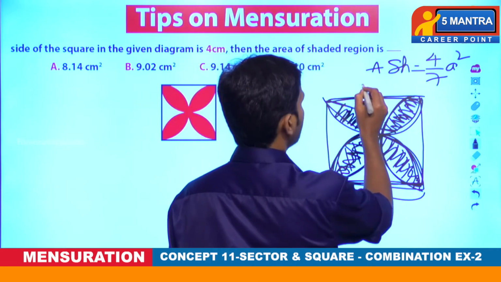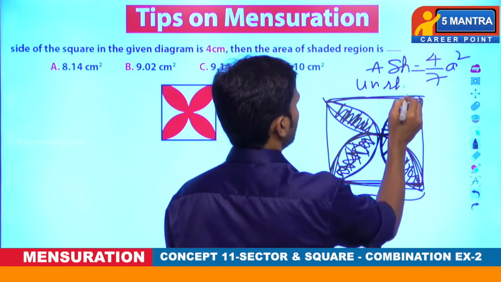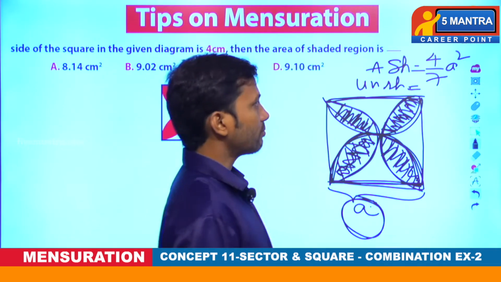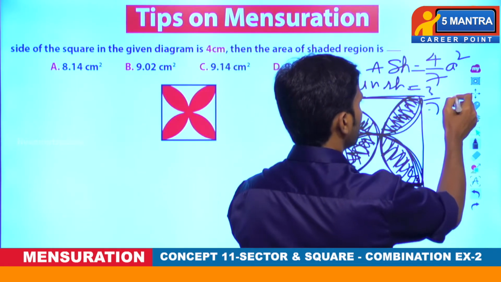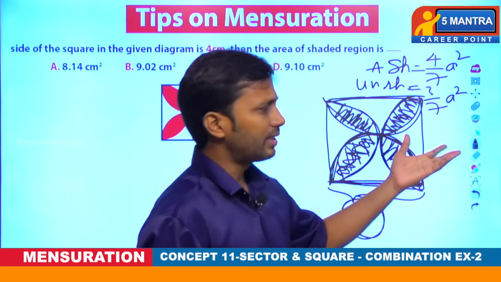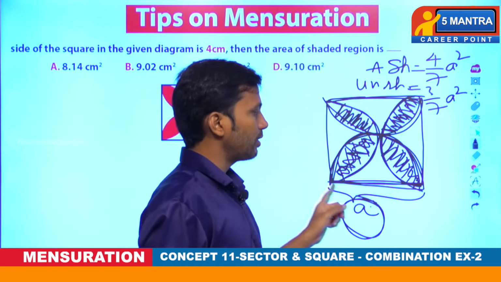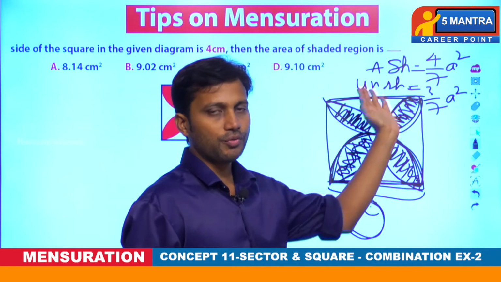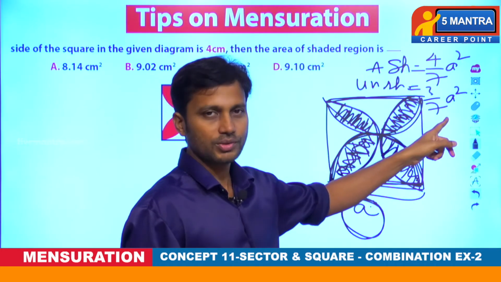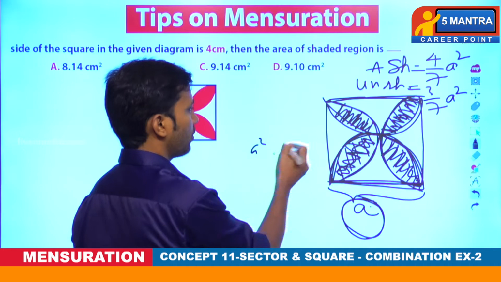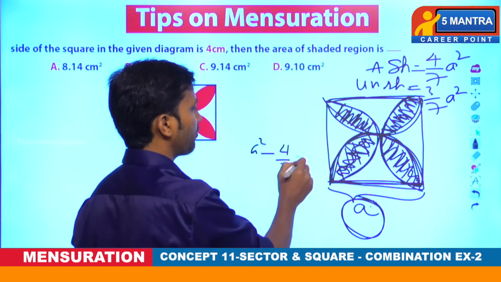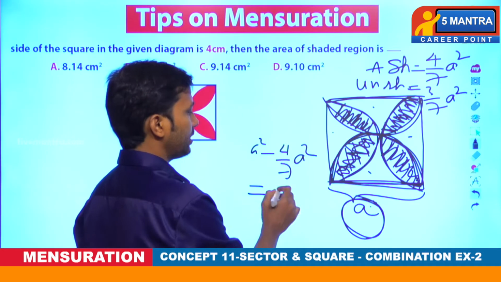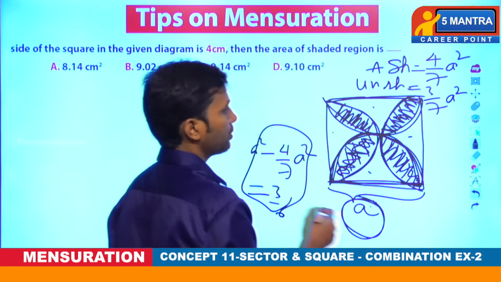And the unshaded region is equal to 3 by 7 A square. A square is the total area of the square, where the shaded region is 4 by 7 A square. If you subtract the shaded region, the flower part, from that A square, then the remaining part is 3 by 7 A square, taking the LCM. So this we should remember.